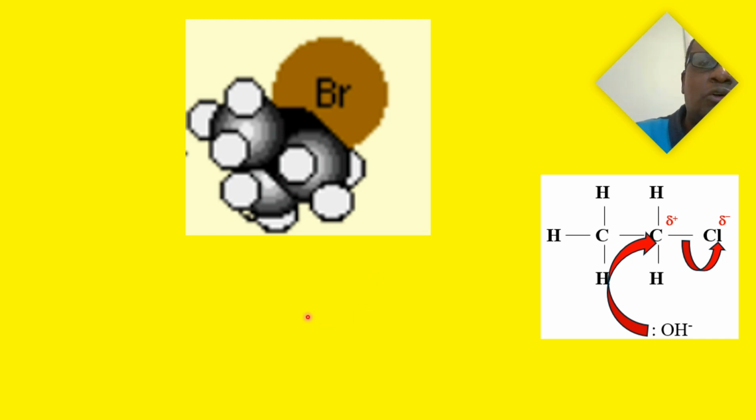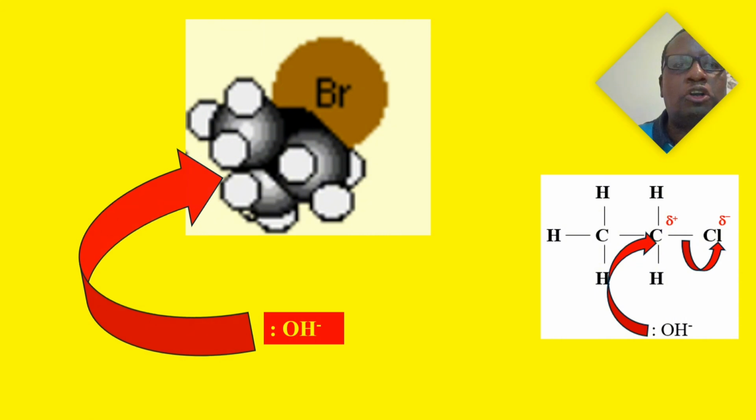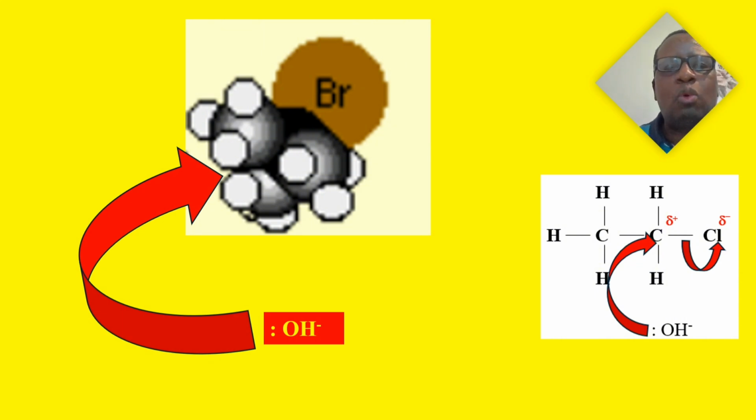The nucleophile cannot do that. That's why the tertiary haloalkanes have a different mechanism. First, the haloalkane breaks down to form a carbocation, and once the carbocation is formed, the nucleophile attacks.